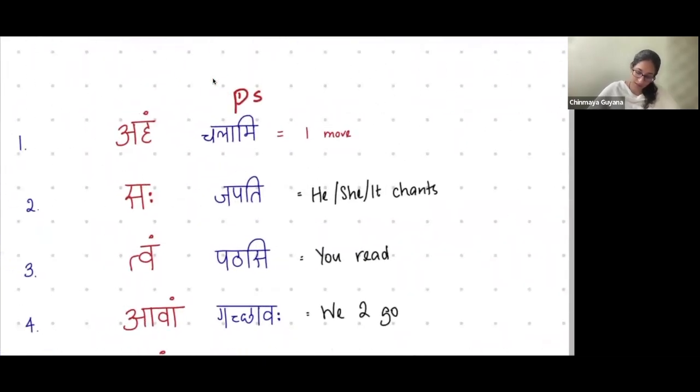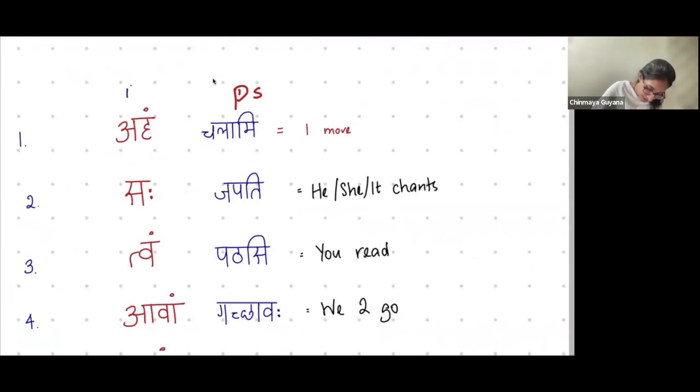The word was chalami. Chalami will be aham. Again, one singular. You have to write it. I and you pronouns don't have gender. Is I feminine, masculine, or neuter?